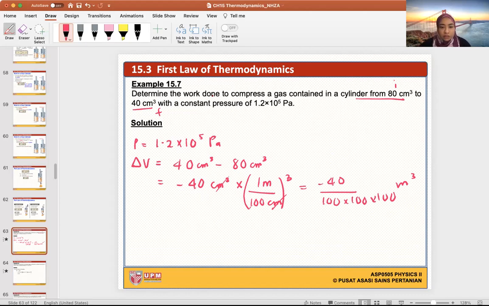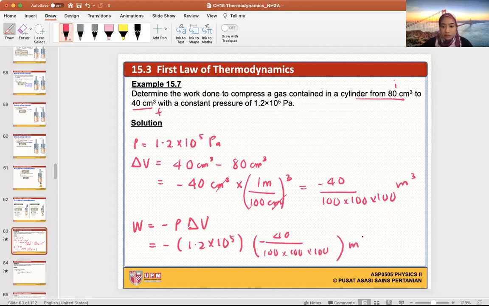So it's asking to determine the work done with a constant pressure. So for work done, we know the equation is W equals minus PΔV. So P is 1.2 times 10 to the 5, and my change in volume is minus 40 over 100 times 100 times 100 meter cubed.